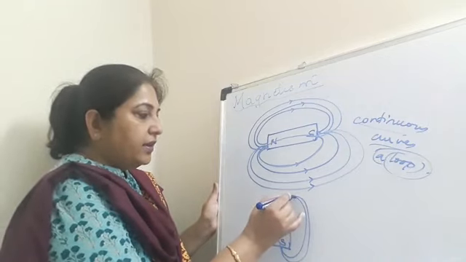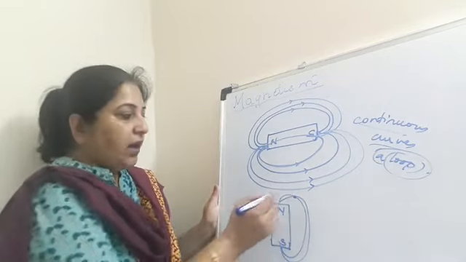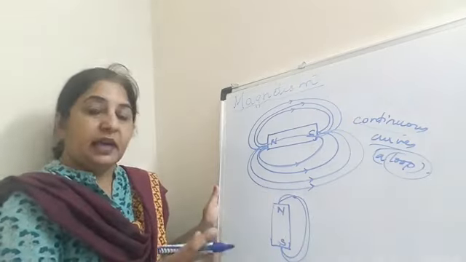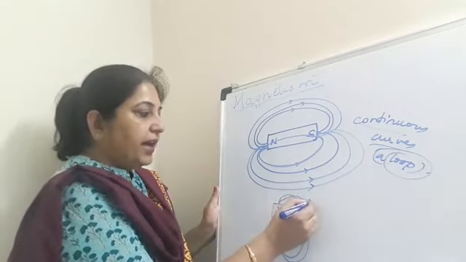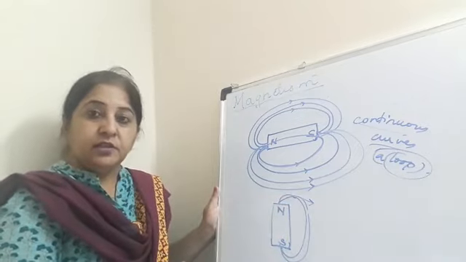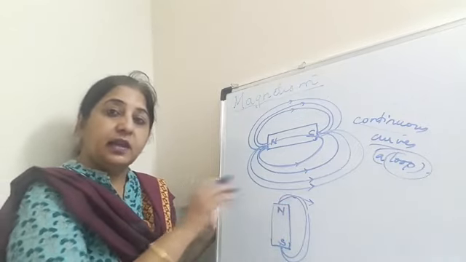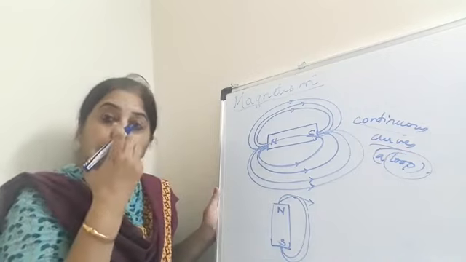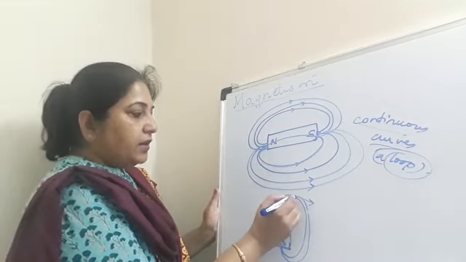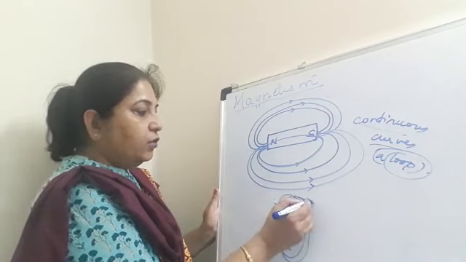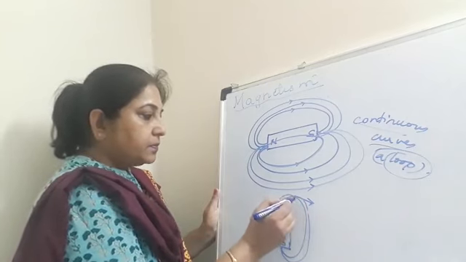So at this point they are intersecting. Now, at this point, if I want to show the direction of the magnetic field, it will be shown by a tangent. You know what a tangent is? We discussed tangent in class 9 when we were discussing uniform circular motion. Similarly here, at this point, the tangent will be drawn in two different directions.